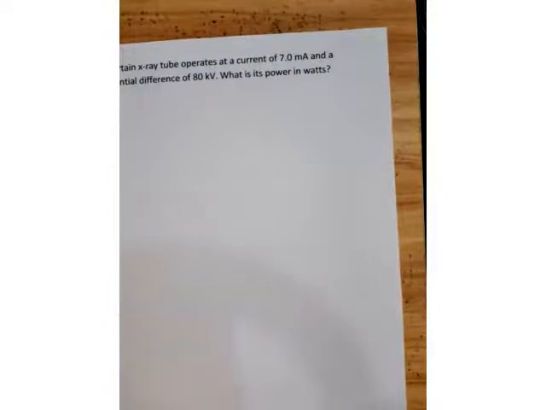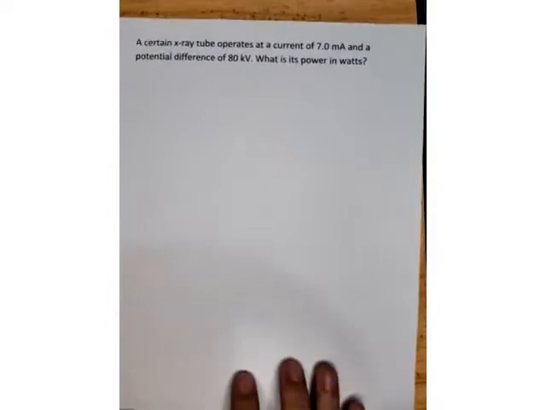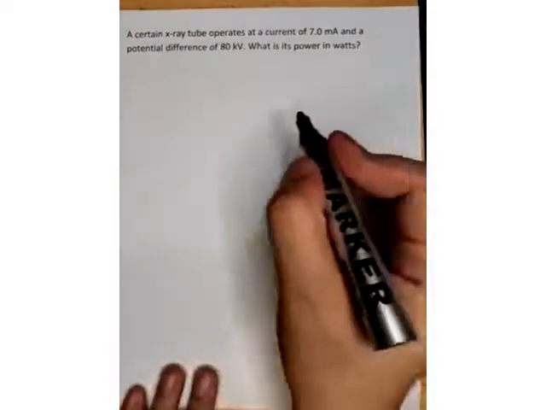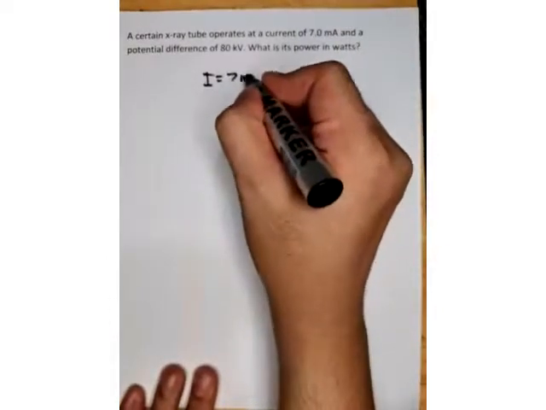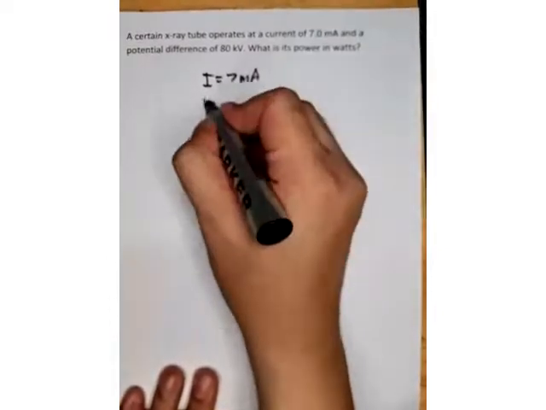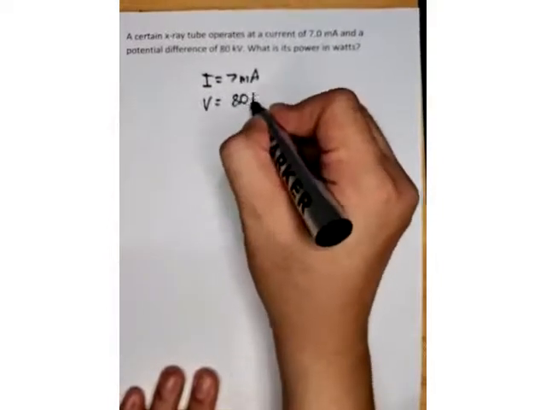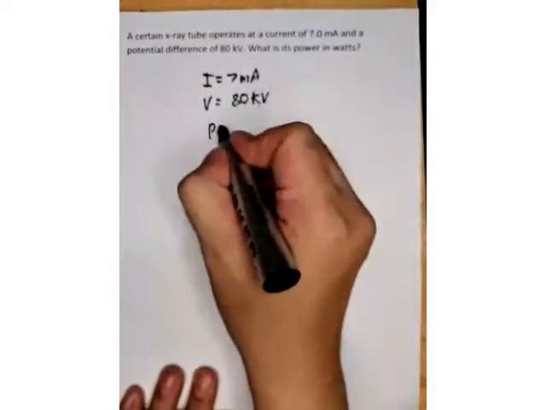Ayan. Okay. So a certain X-ray tube operates at a current of 7 milliamperes and potential difference of 80 kilovolts. Okay, what is its power in watts? So given tayo ng current na 7 milliampere and then yung voltage is 80 kilovolts. So tinatanong ano yung power?